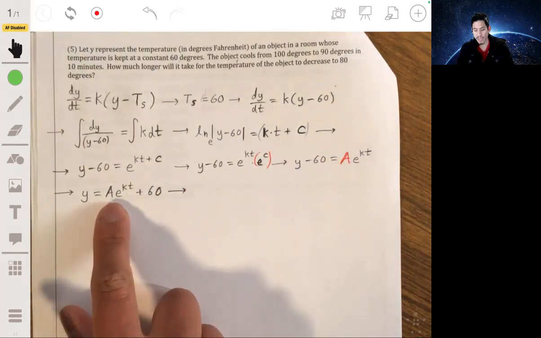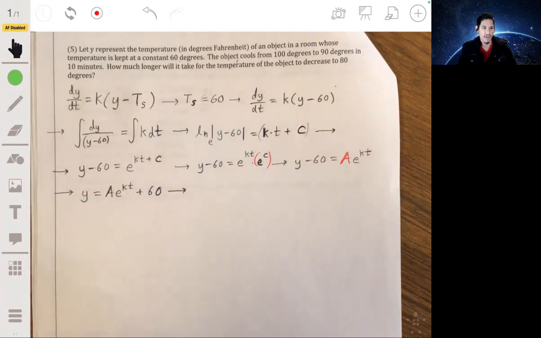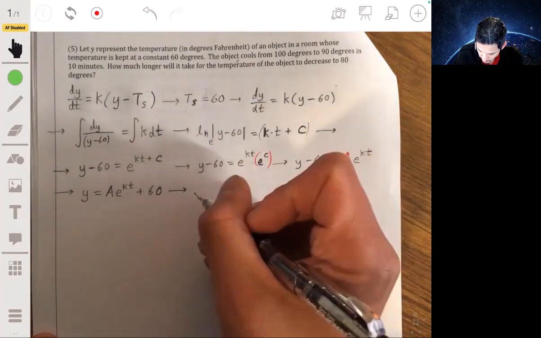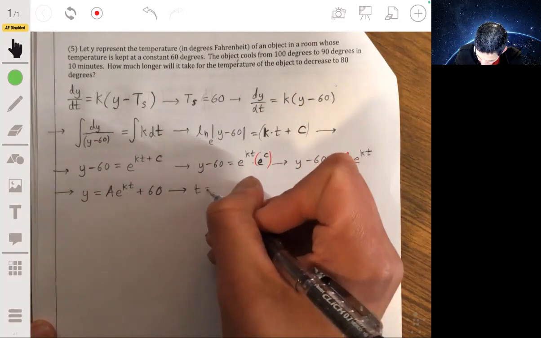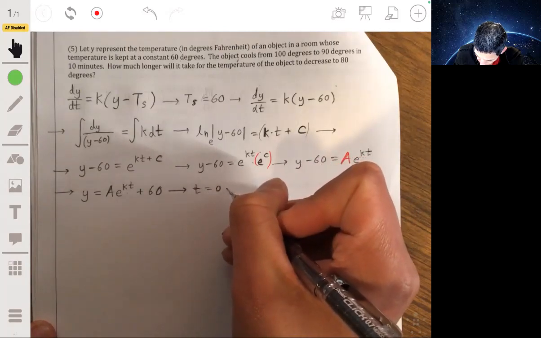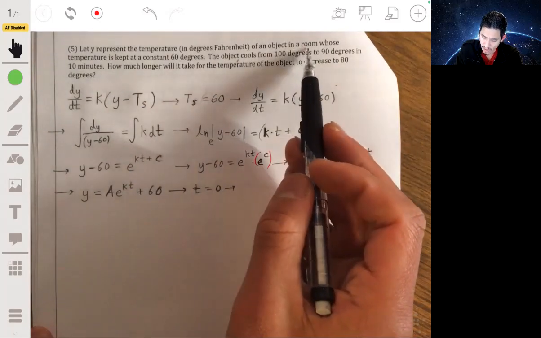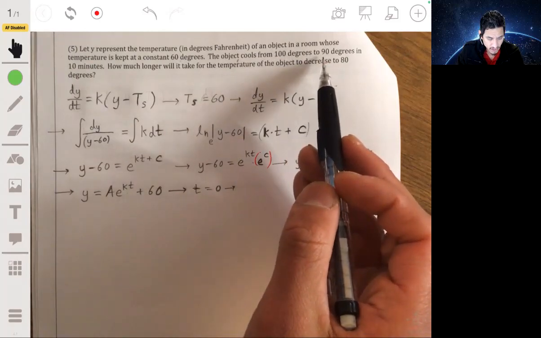Now we have to solve for a, and a is just our initial value, and we can show that's the initial value by evaluating this at t equals 0. Because when t equals 0, we're told that the object goes from 100 degrees to 90.